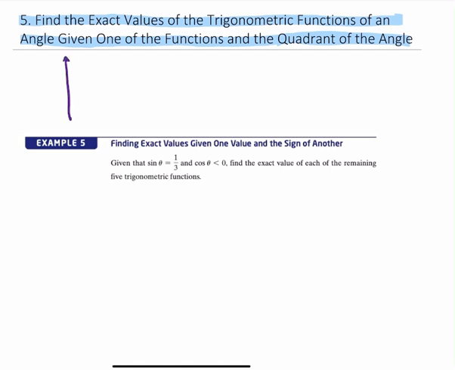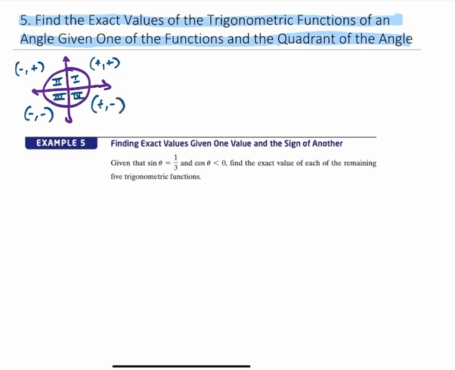If I'm thinking about a unit circle, and my quadrants would be quadrant 1, 2, 3, and 4, a point in the first quadrant, x and y are positive, a point in the second quadrant, x is negative, y is positive, a point in the third quadrant, everything's negative, and a point in the fourth quadrant, x is positive, y is negative.